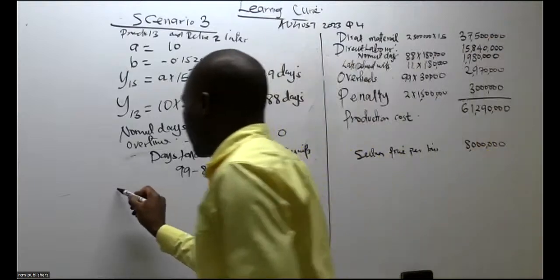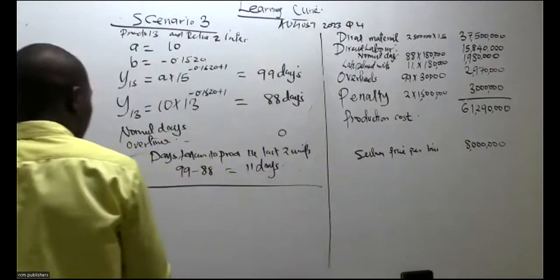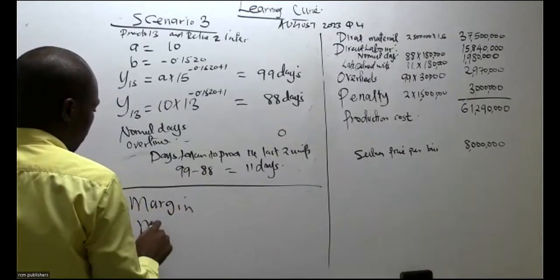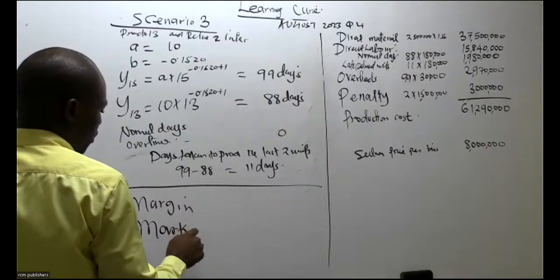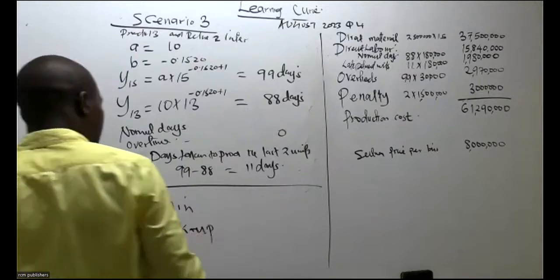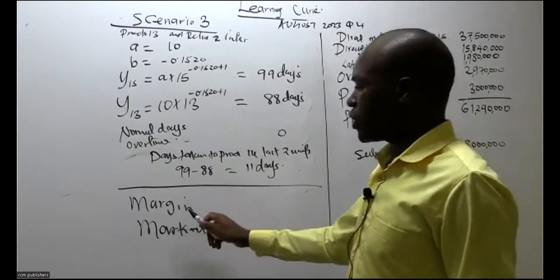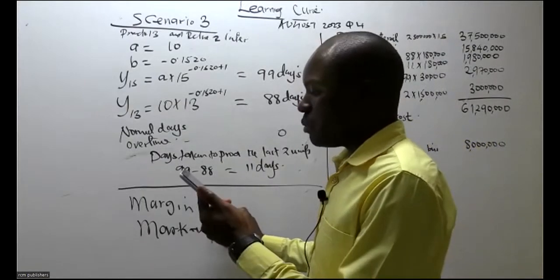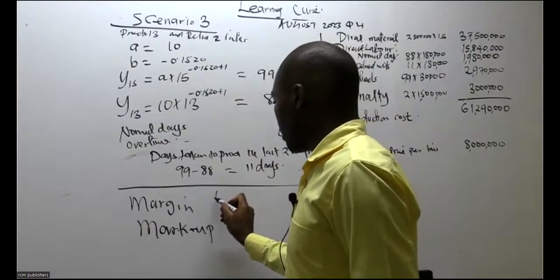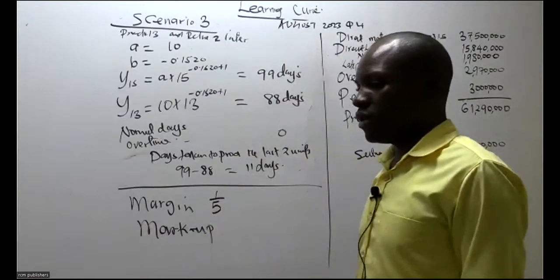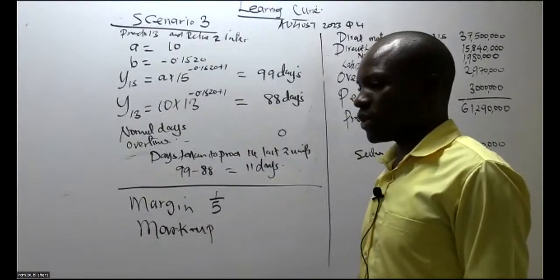I believe at this level, we understand the difference between margin and markup. Markup is on the cost, margin is on the sales value. So we are told that margin is 20%, which is the same as 1/5.